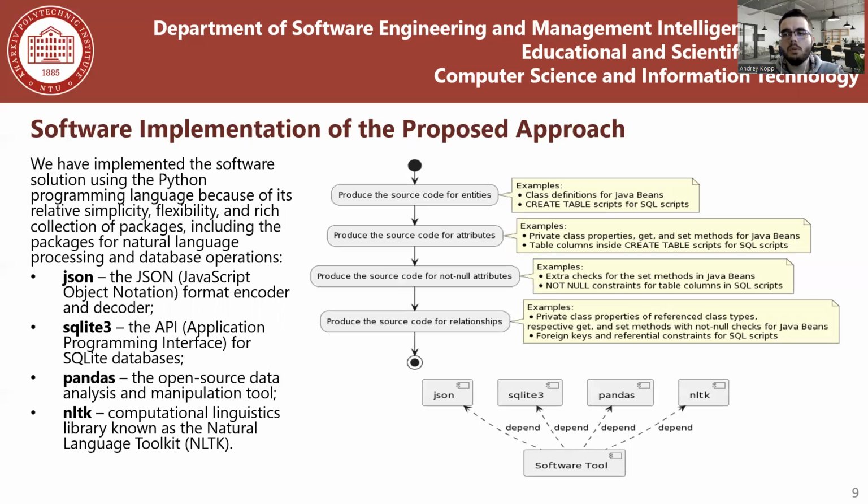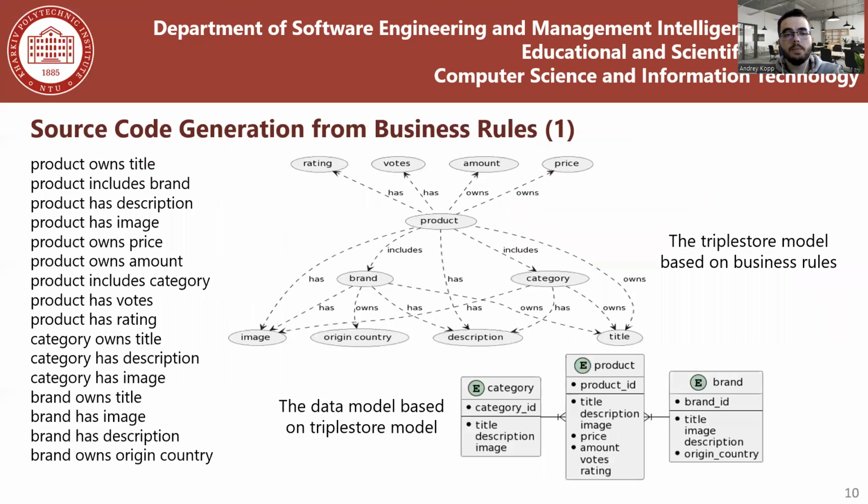The general workflow of our Python program includes 4 steps: produce the source code for entities, then produce the source code for attributes, then append the source code with restrictions for not null attributes, and finally produce the source code for relationships. Let's take a look at a simple example.